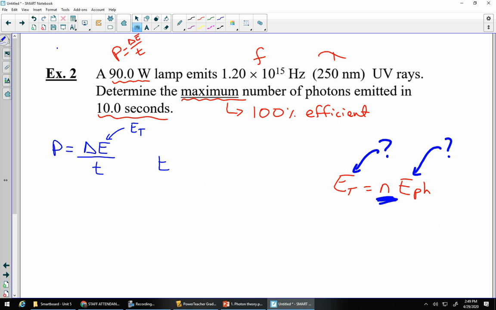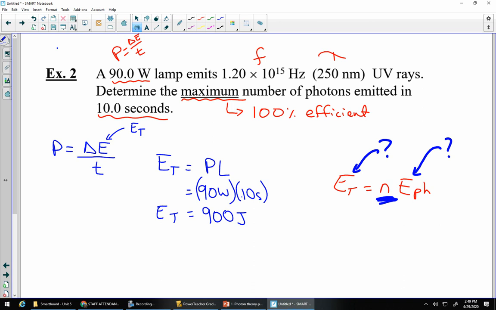So I can rearrange this and say my total energy is equal to the power multiplied by the time. Well, that's just 90 watts multiplied by 10 seconds. I love this math. Look at this, 900 joules of energy. So that's my total energy. Awesome. Okay, so I got part of it.